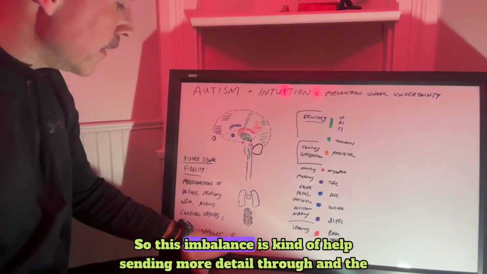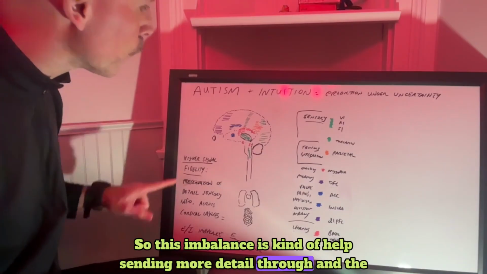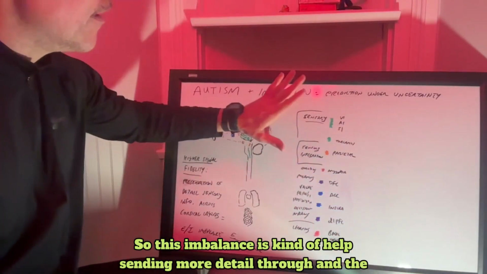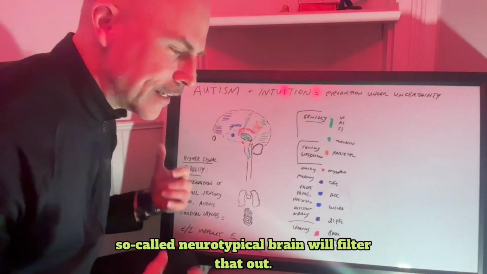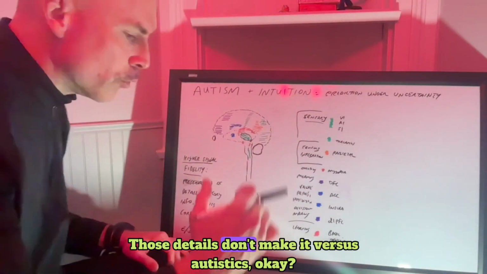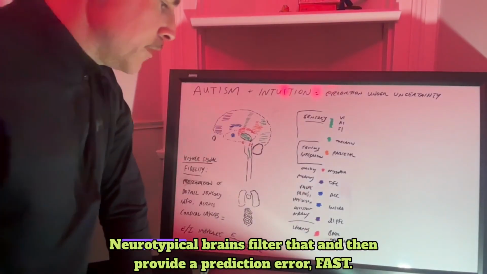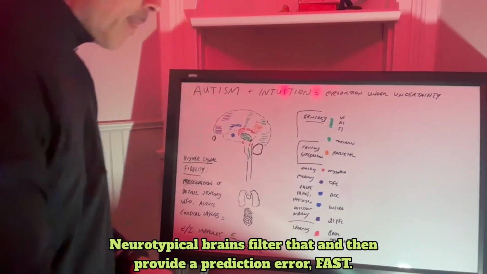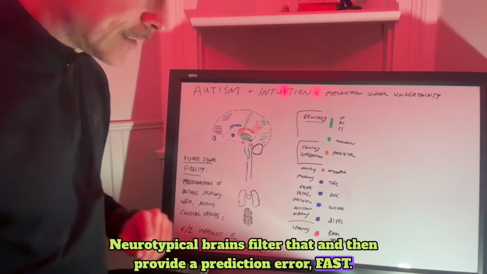So this imbalance is kind of helping send more detail through. And the so-called neurotypical brain will filter that out. Those details don't make it, versus autistics, okay? Neurotypical brains filter that and then provide a prediction error fast.